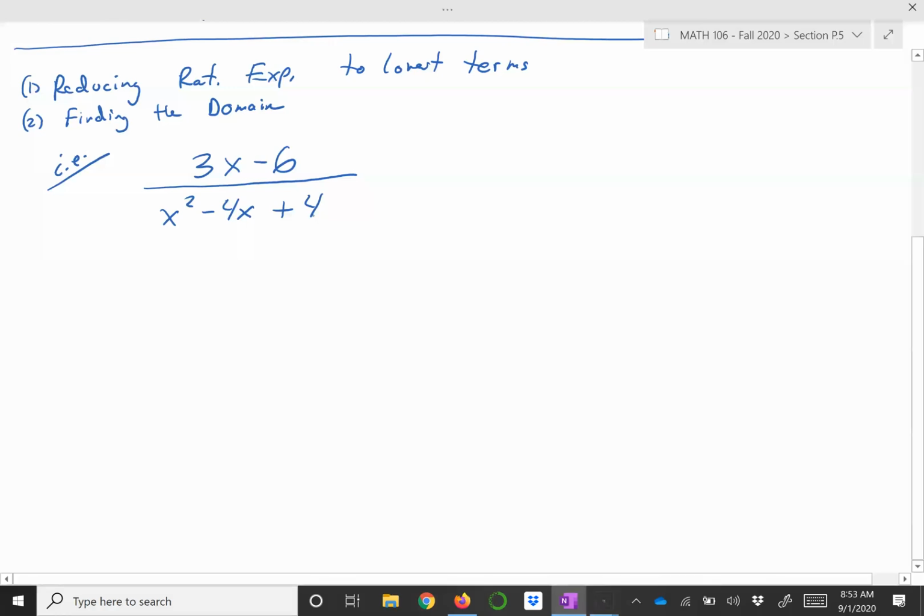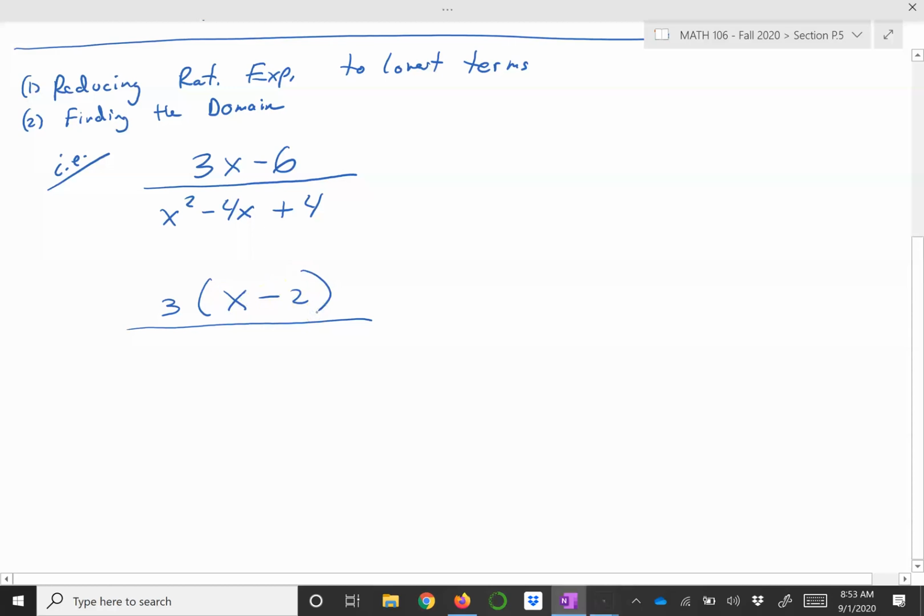All right, so we're just going to go down and factor each part of the fraction. Let's do the numerator. That's the easiest one. It's 2 terms. We're only going to be able to take a GCF. So the GCF of 3x and 6 is just 3. I'm hoping at this point everyone can find those. They should be fairly simple. So if I take a 3 out, I get x minus 2.